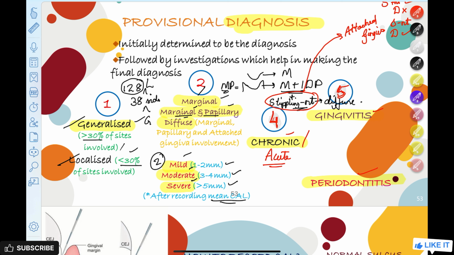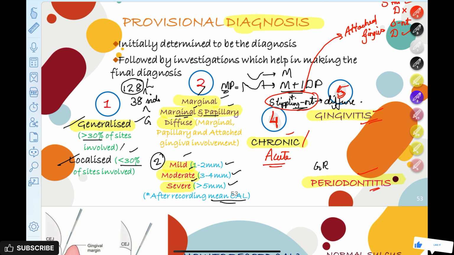Remember, the patient can have only gingivitis, only periodontitis, as well as periodontitis together with gingivitis. So in the case of gingivitis, it can be localized, generalized, mild, moderate, severe, marginal, papillary, diffuse, acute and chronic. For periodontitis, there are some points you have to always remember.